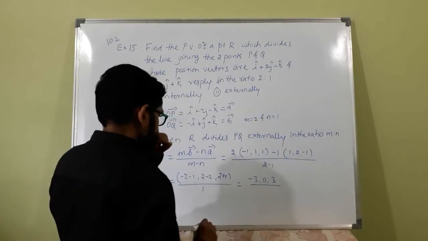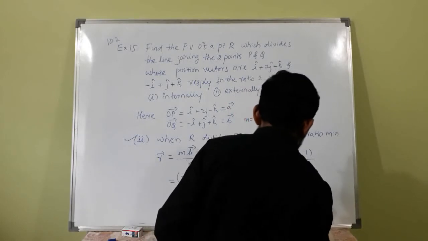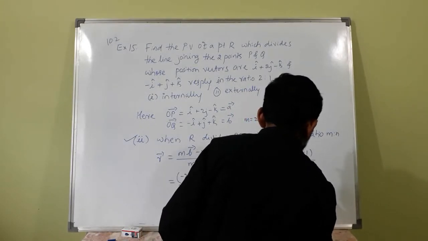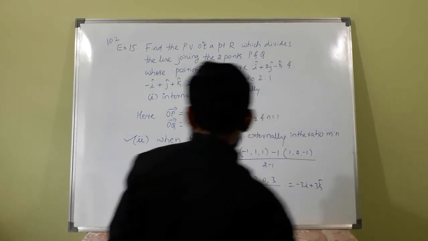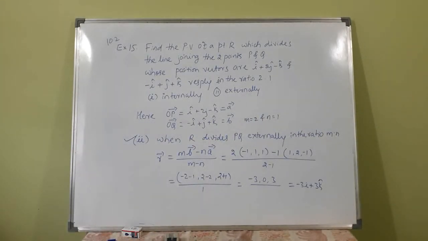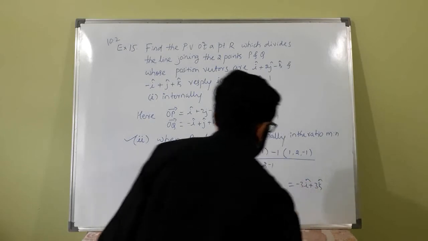This is nothing but minus 3i plus 3k. The position vector of the point R which divides PQ in the ratio 2 is to 1 is minus 3i plus 3k. The cap should be there.